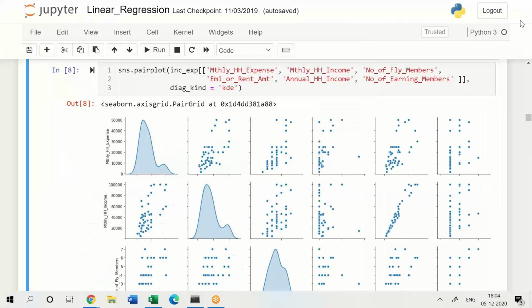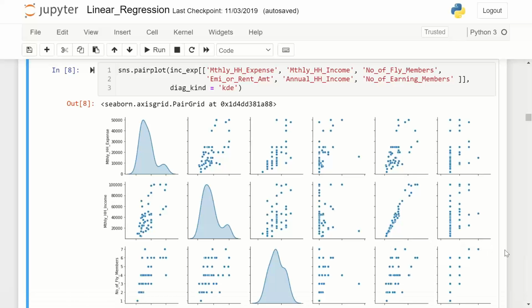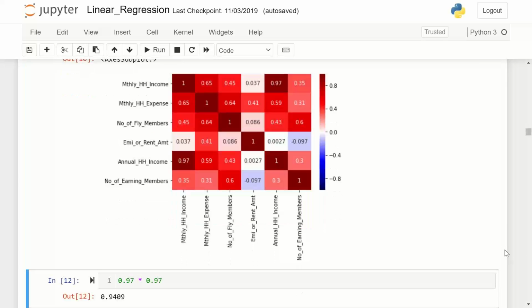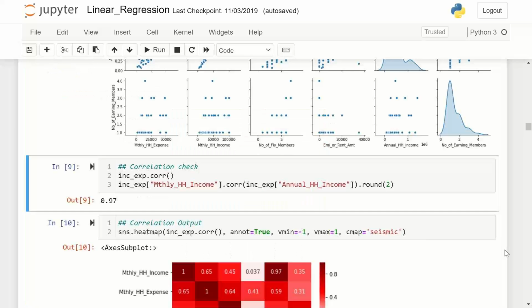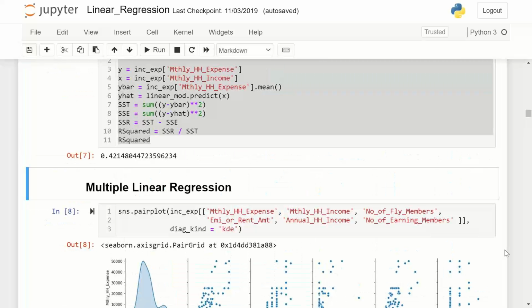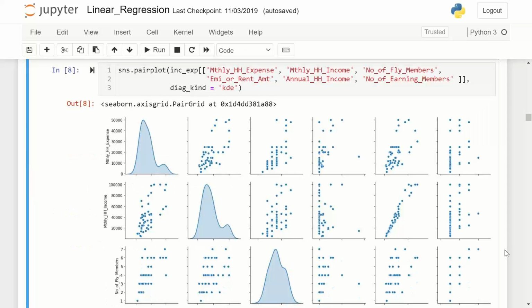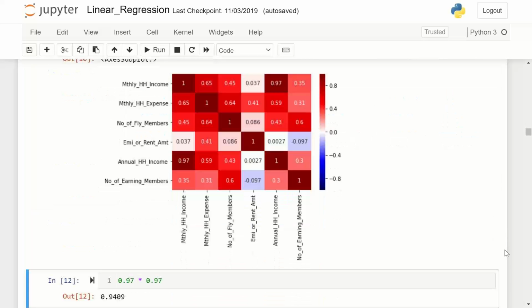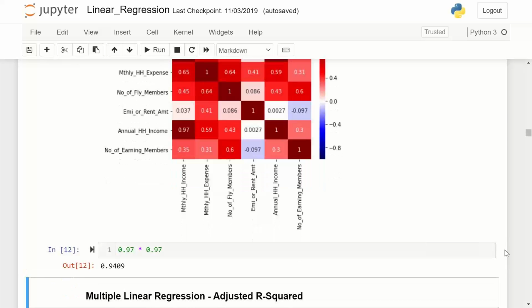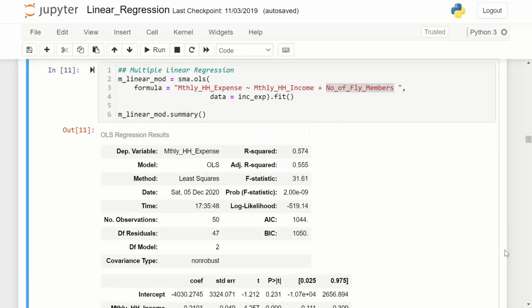So far we have built our multiple linear regression, and I hope all of you have executed these codes. I'll just scroll up once so that you can, in case you want to run step by step. This is a plot. I pause here. This is correlation, heat map, and then this part of the code, I'm adding only one variable.